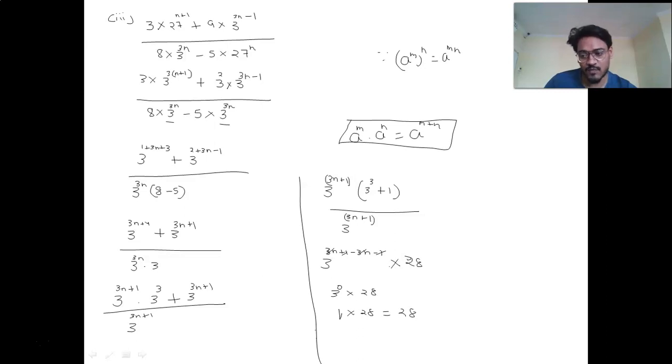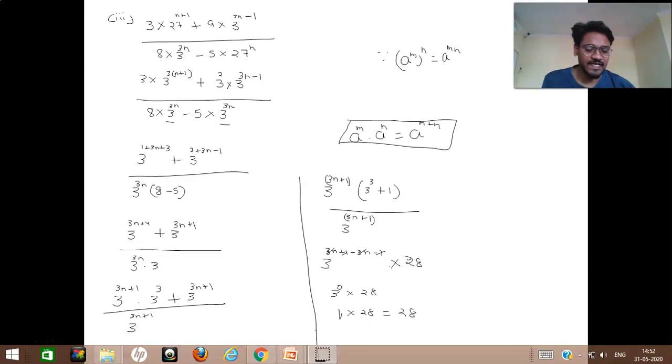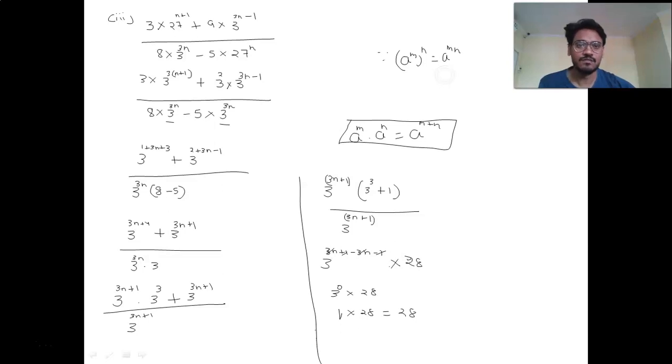Okay, this process. See, now see the next type of questions. Okay, now in the next type of questions, see how do we solve. Let me take the new slide. Okay, let me clear it out.